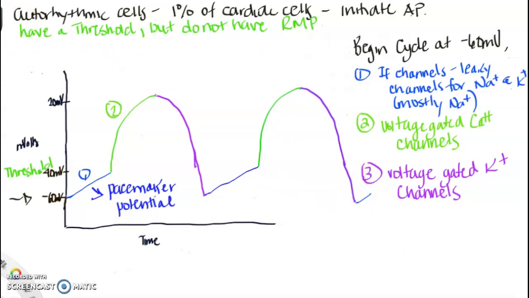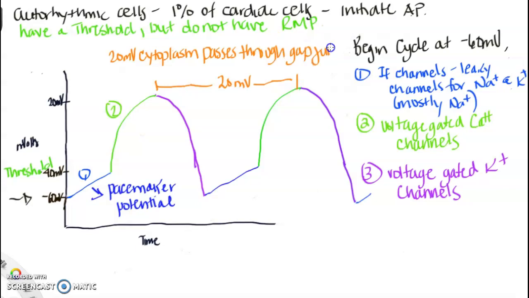So this area here, from here to here, this positive 20 millivolt area, this 20 millivolt cytoplasm passes through gap junctions in contractile cells.